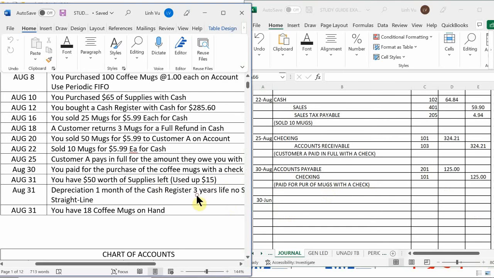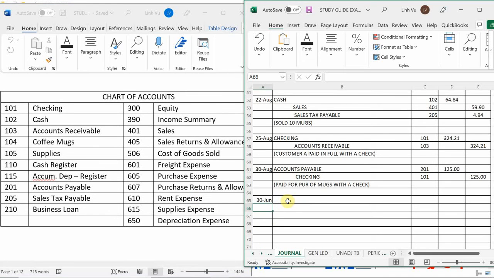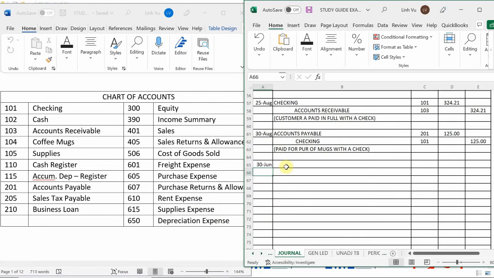So what accounts do I need to use to represent that I am adjusting and using my supplies? Supplies expense, which is account number 615. And where am I taking out these supplies from?